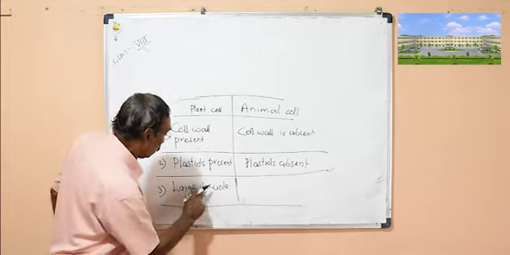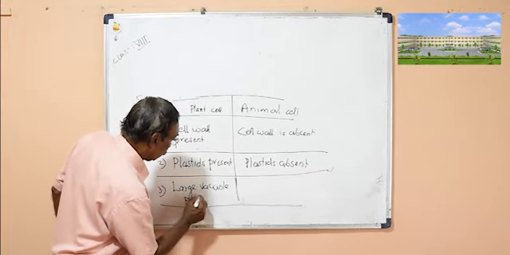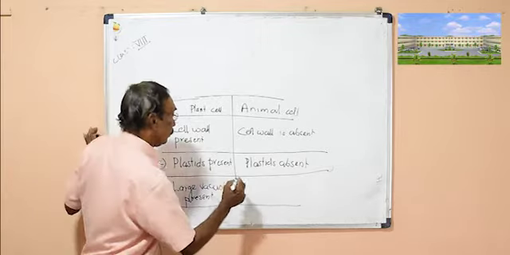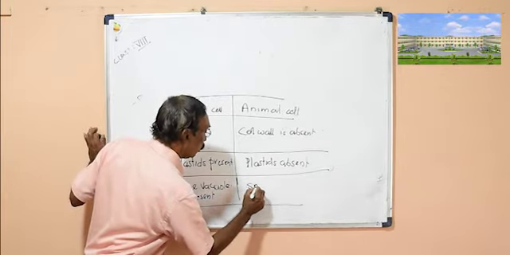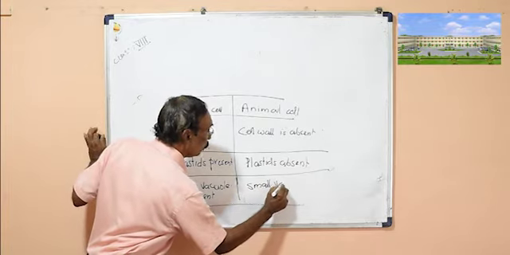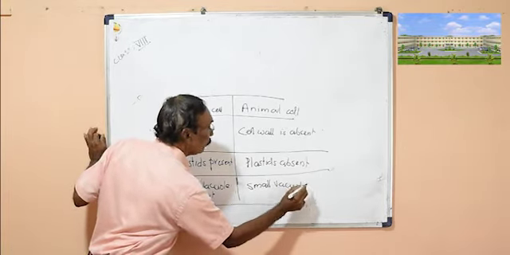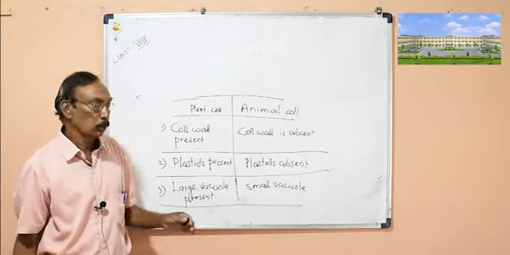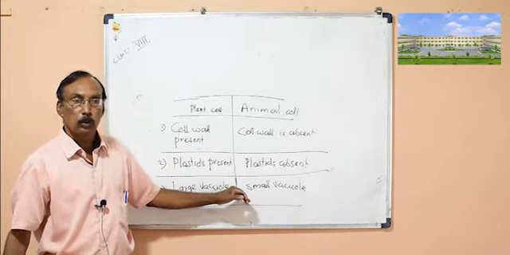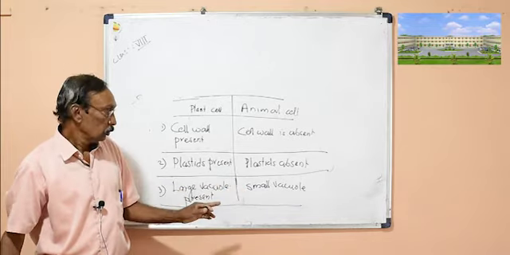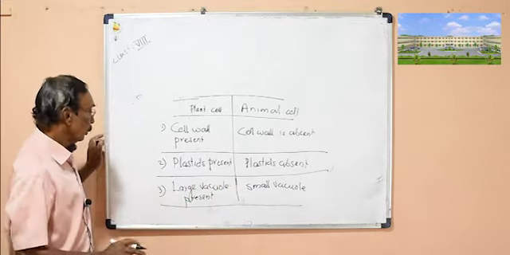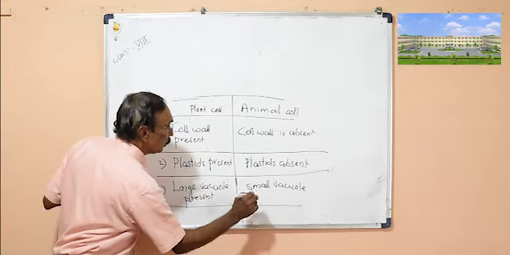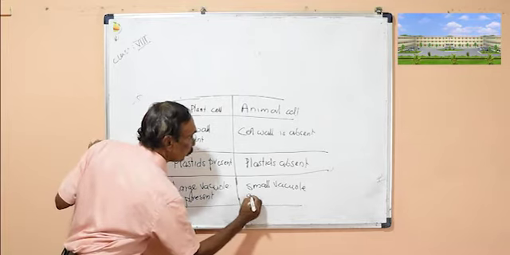So in plant cell a large central vacuole is present. But in animal cell, small vacuoles, more than one small vacuole may be present, or sometimes absent also. So that is the next difference between a large central vacuole and small vacuoles, or no vacuoles.